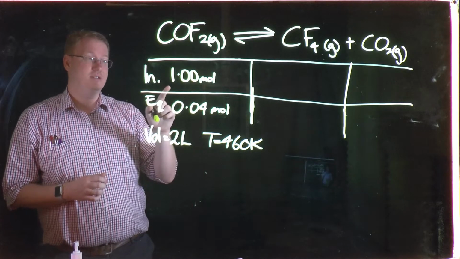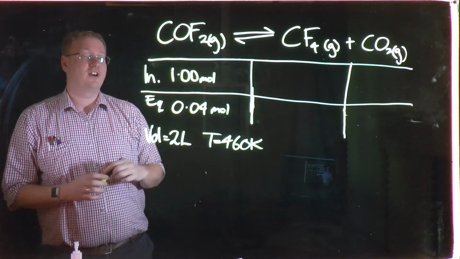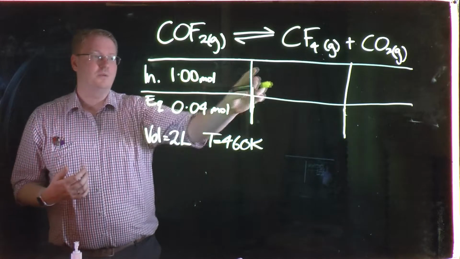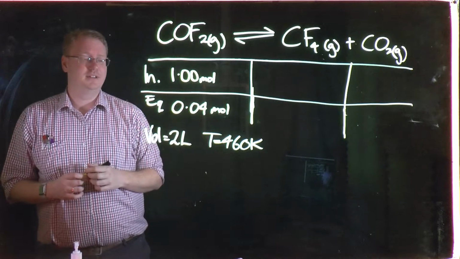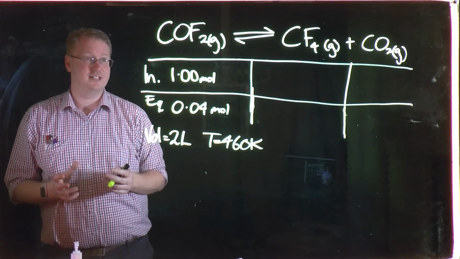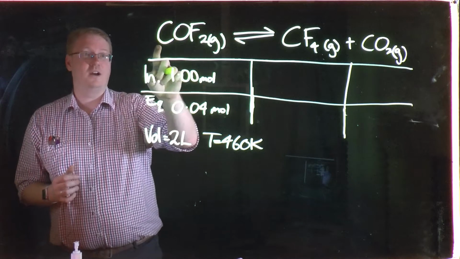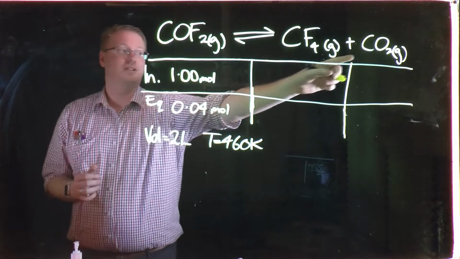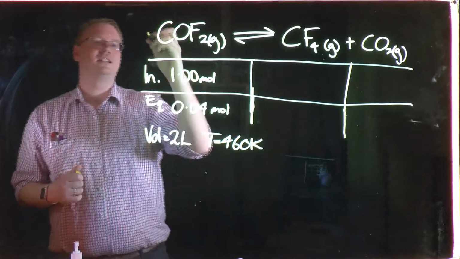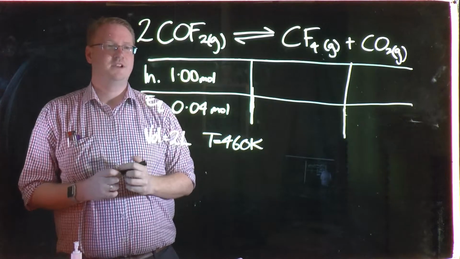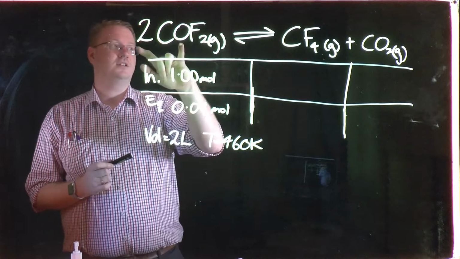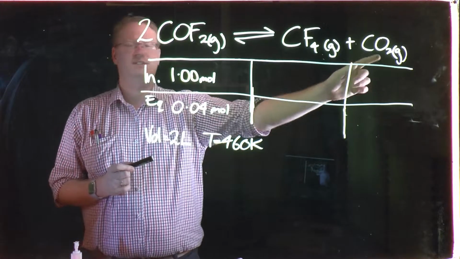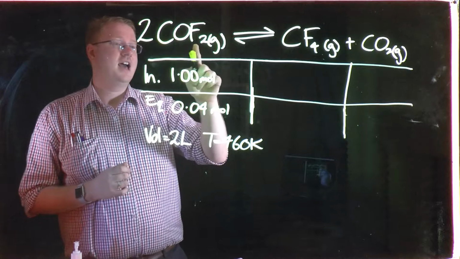Let's balance this equation so then we can write a general equilibrium expression, work out the concentration of these at equilibrium, and substitute it all in. So firstly, 2 carbons, so let's put a 2 in front here. 2 carbons, 2 carbons. 2 oxygens on the left, 2 on the right, we've got a balance.